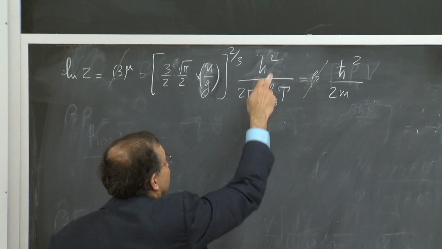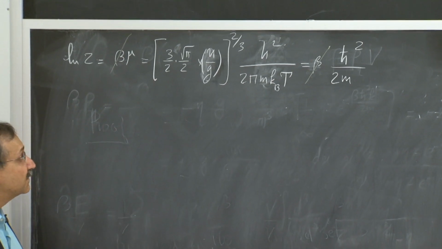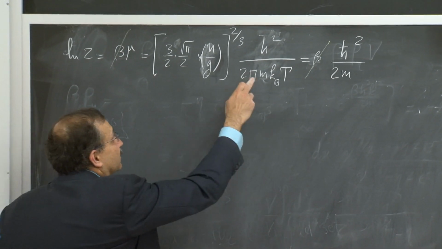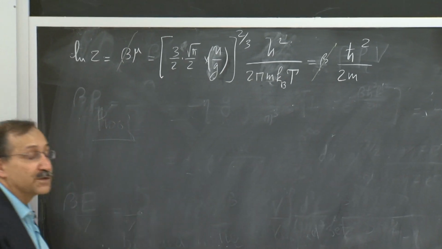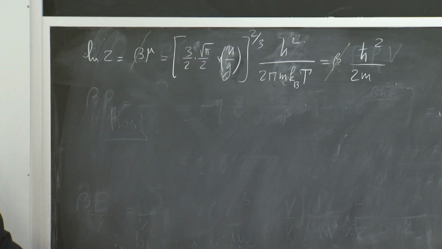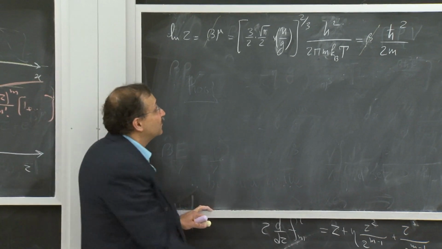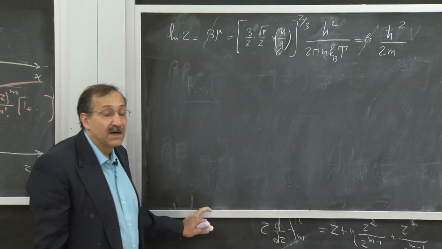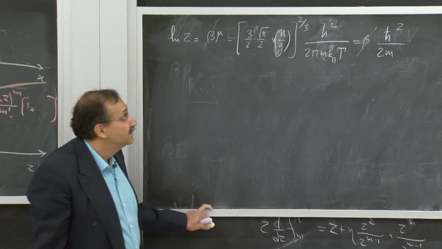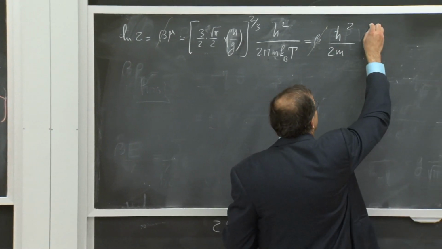Okay. To go from h squared over 2 pi to h bar squared over 2m, I need a factor of 4 pi squared.